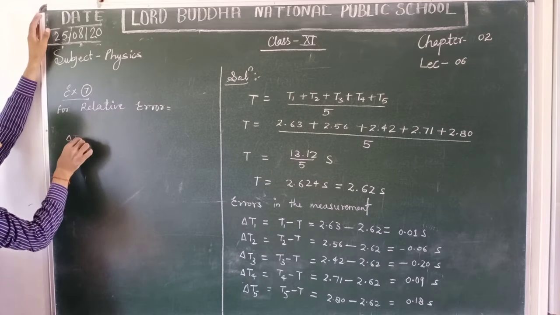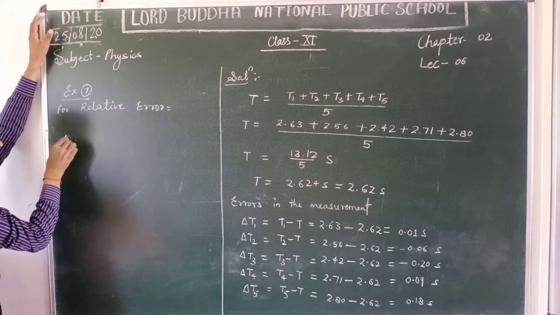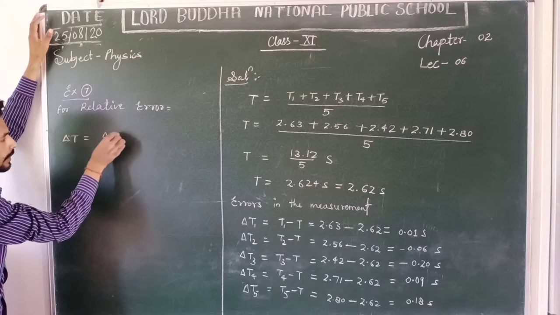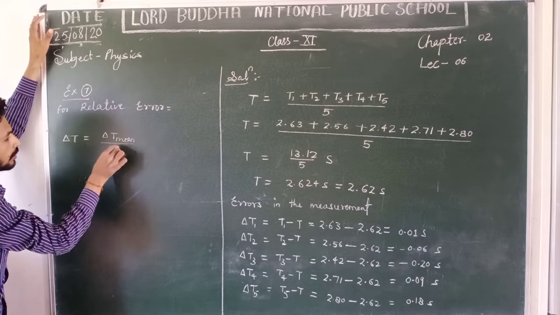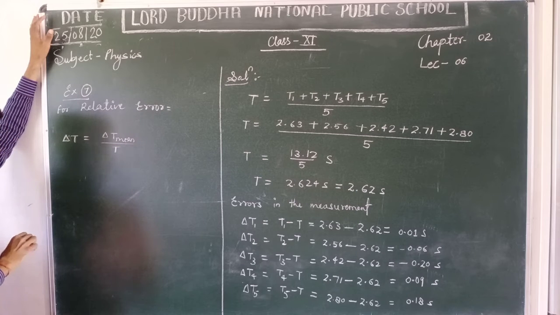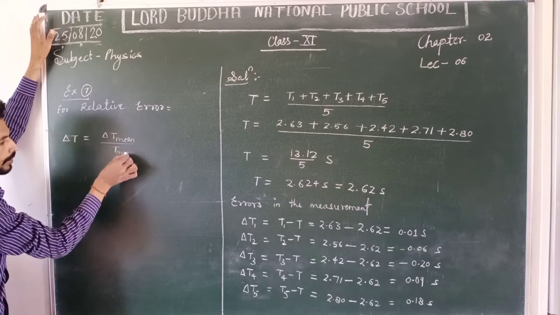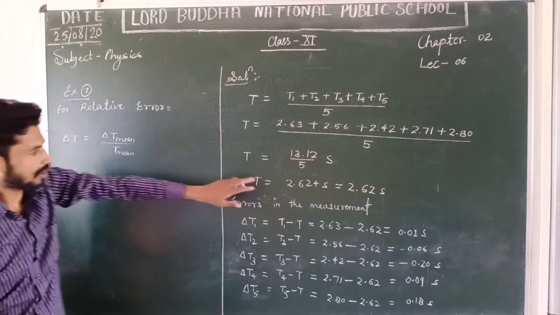Relative error delta T equals delta T mean upon T mean, which we have already found.